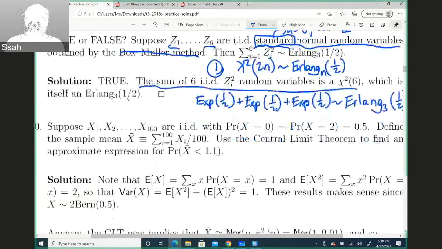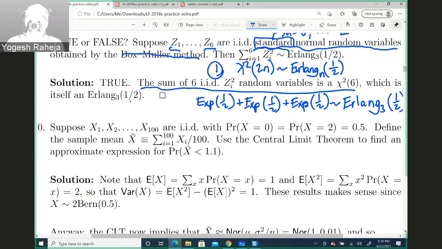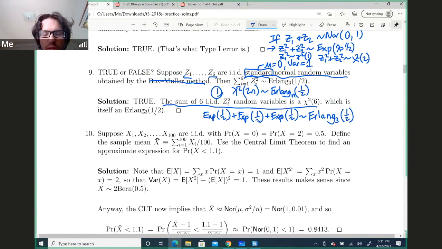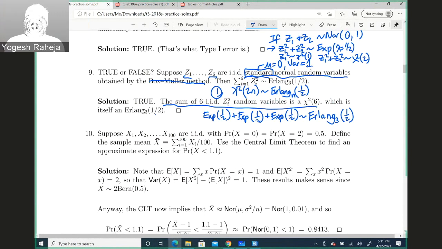And what if it's not an even number, as in it's not Z1 to Z6, it's Z1 to Z5, let's say? Basically, right now we are adding Z1 to Z6, and we got Erlang 3 because we were able to make pairs. So instead of 6, you have 5, so it's not a multiple of 2.